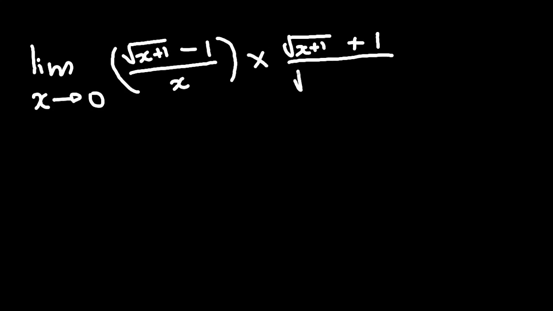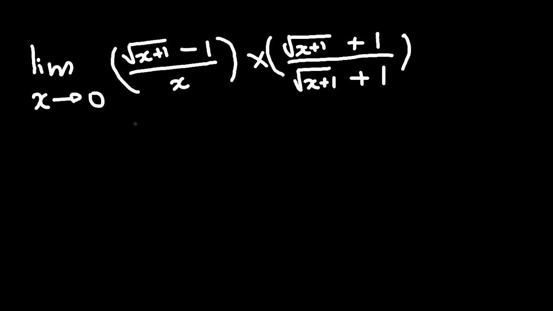Then I multiply by 1 here, because our limit was already multiplied by 1, but I changed my 1 and represented it using the conjugates. It's the same thing as multiplying by 1, but this time 1 is represented by the conjugates. Now I can expand.